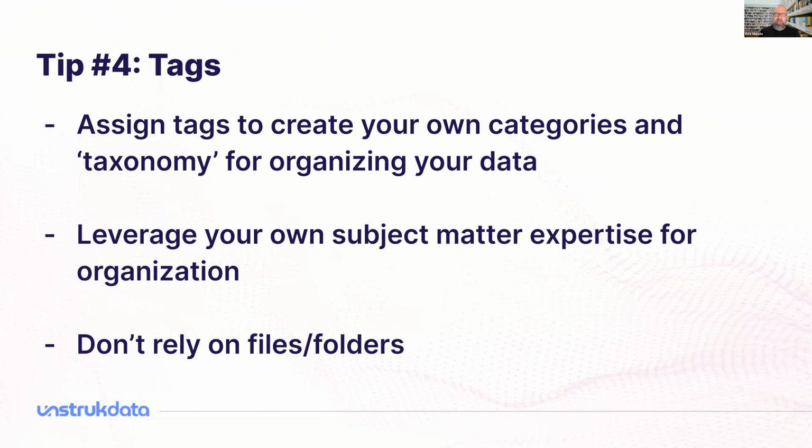You have to think about that ahead of time and make sure you're categorizing the data, because once you have 5 years of data and 10 terabytes of data sitting on a drive somewhere, it's hard to go back and add that taxonomy, that organization, later. And one of our suggestions is don't rely on a file and folder structure. I know a lot of people just use a date stamp or some short text as a folder name.